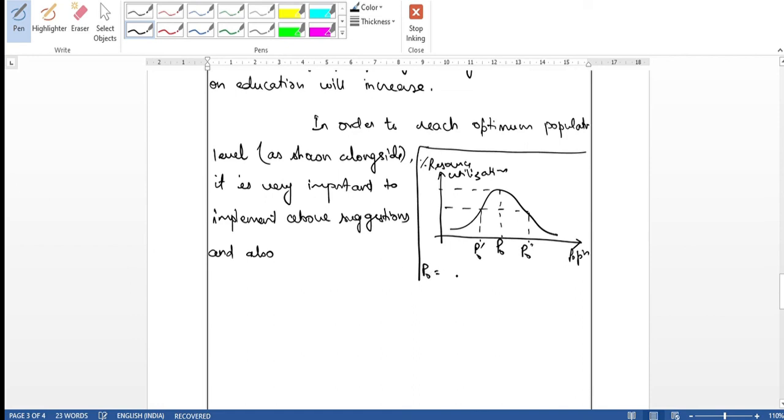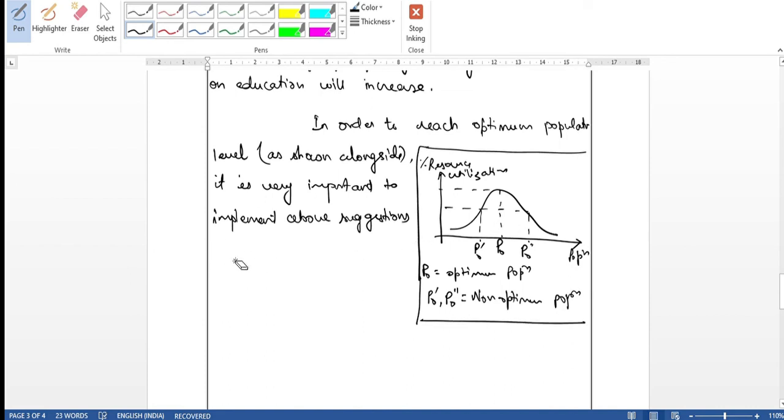PO is optimum population; PO dash and PO double dash are non-optimum population. Okay, done.